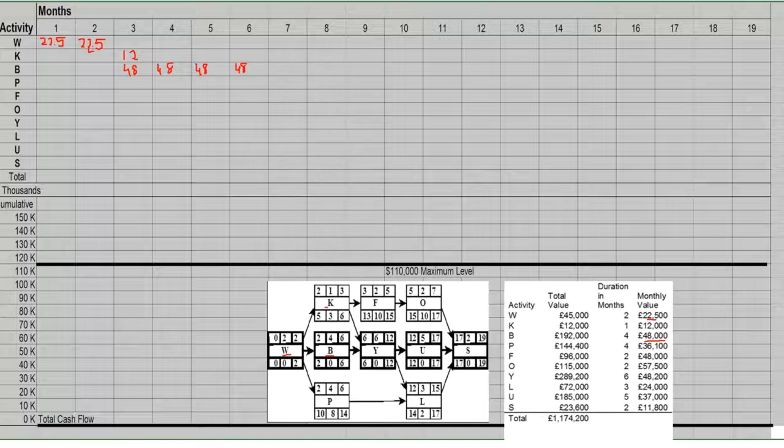I have pulled this information from here. The next is activity P, which is also taking place parallel to activity B, and this is incurring 36.1 per month.